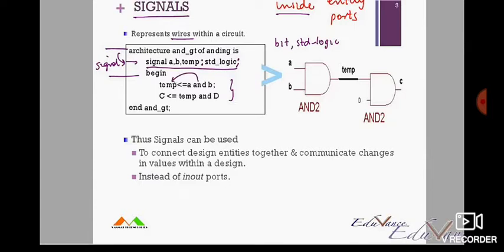So in hardware you would actually get a signal temp, which would be the output of A ANDed with B, and if I write C is assigned temp and D, so I will get an output C, which would then have temp and D. Again, please understand that these are just signals.